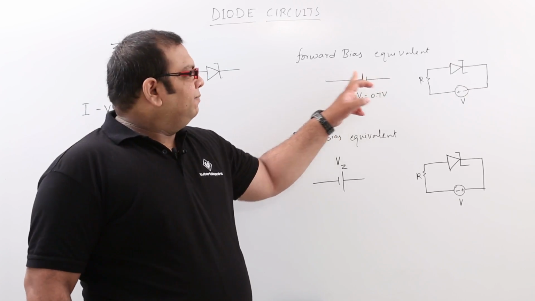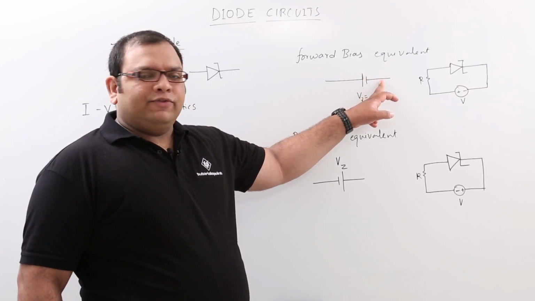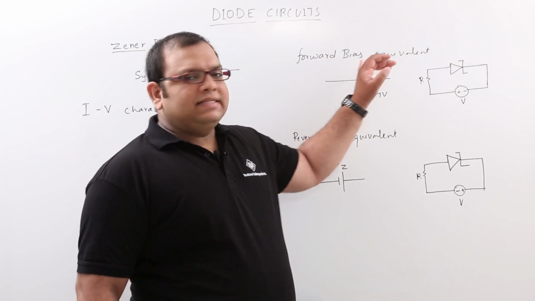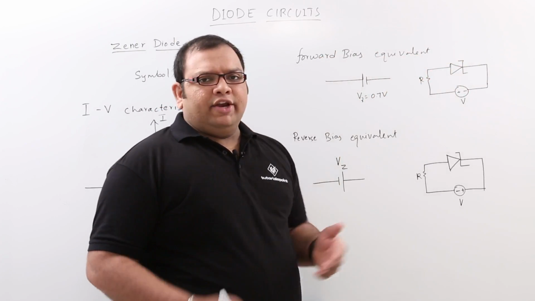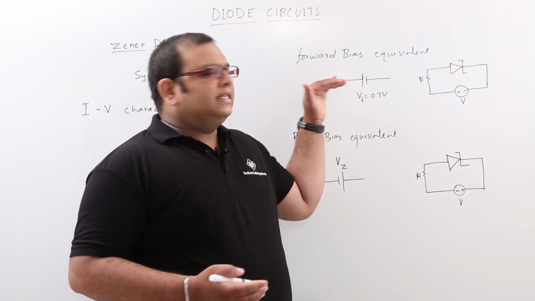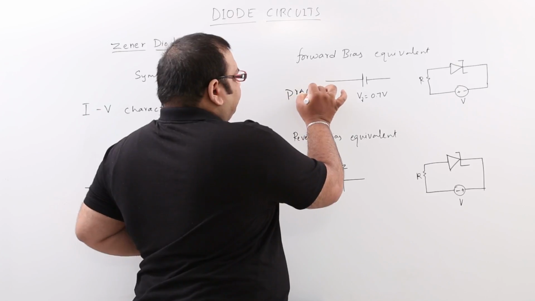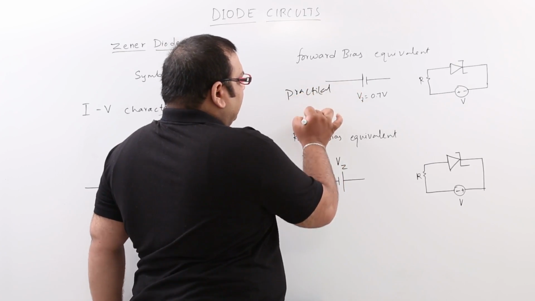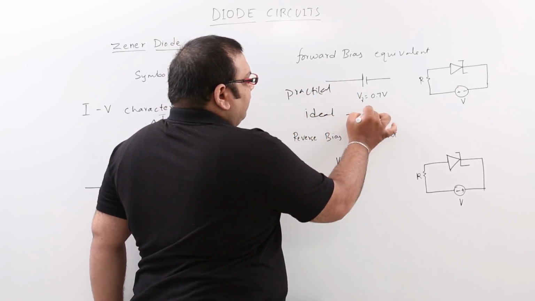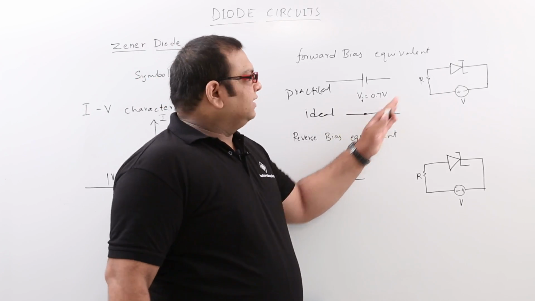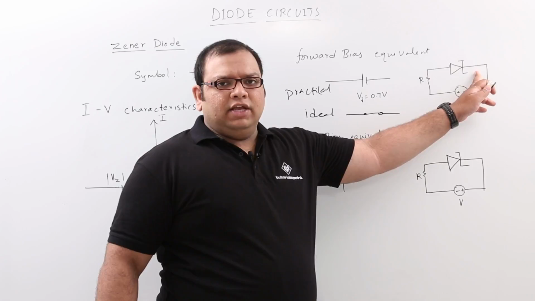When it goes into forward bias, the voltage across it will be 0.7, so that voltage source will be there. The voltage across the Zener diode will be only 0.7 in the forward bias equivalent. This is the practical case. But in the ideal case, we take it as completely 0 voltage, because in the ideal case we consider the voltage across forward bias to be 0.